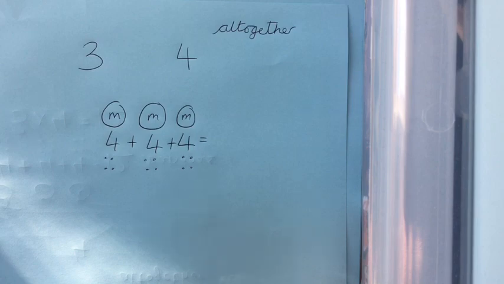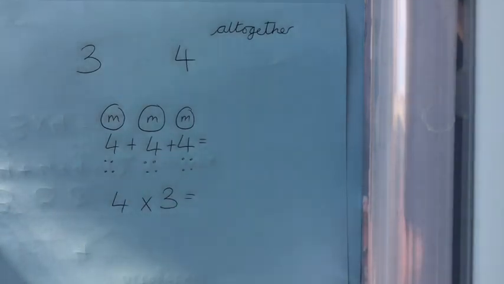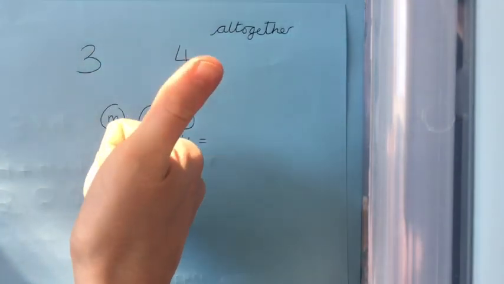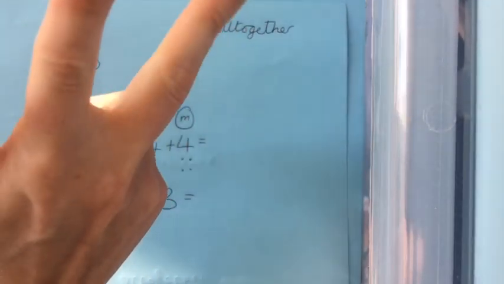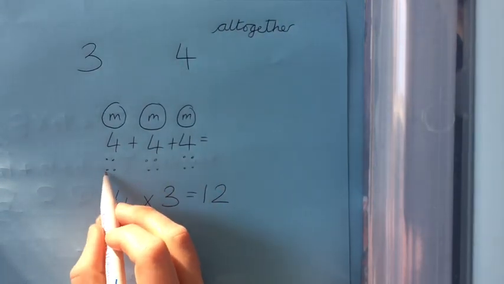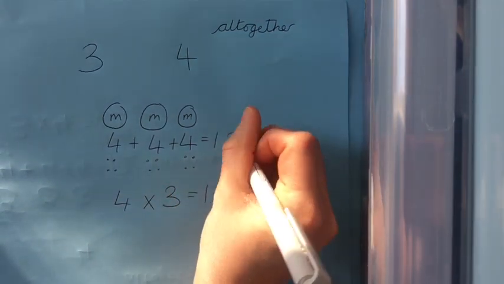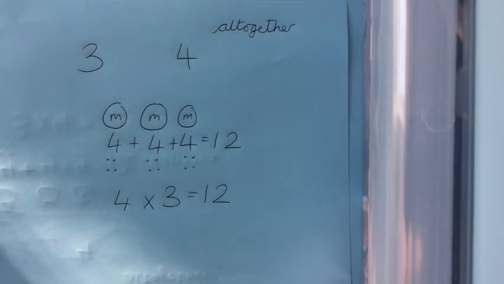It's the same as saying 4, 3 times. So I could count up 4, 8, 12. And here, 1, 2, 3, 4, 5, 6, 7, 8, 9, 10, 11, 12. So that is my answer.